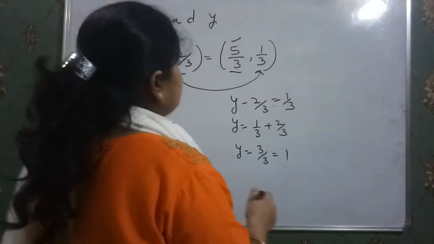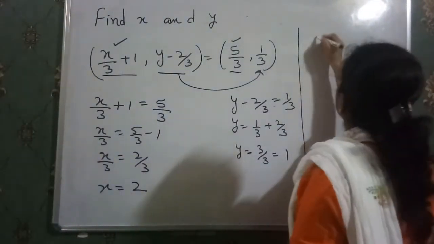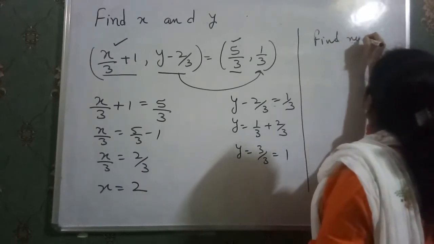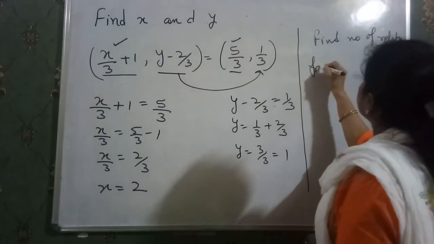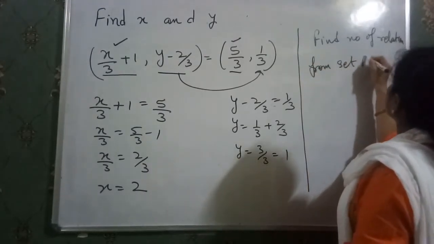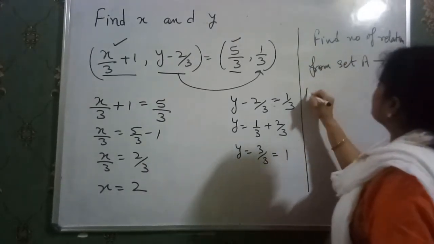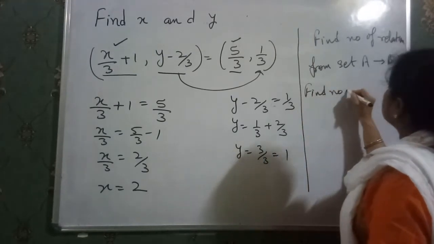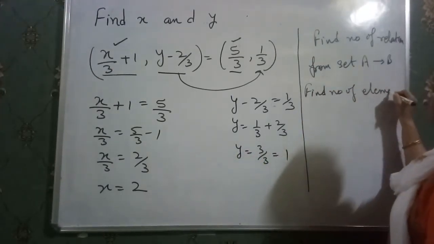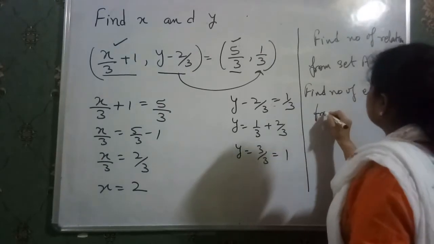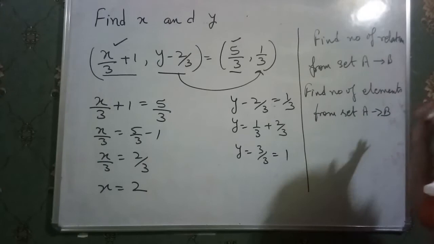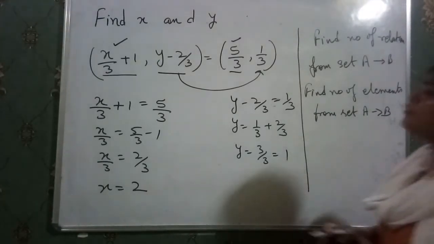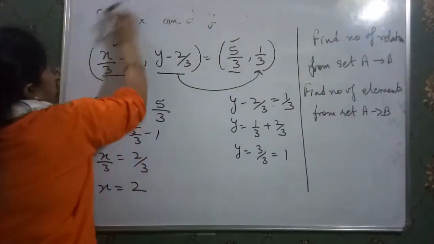Now the next topic which we have in these types of questions: find the number of relations from set A to B and find the number of elements from set A to B. These types of questions are also asked in your textbook, and you have to solve them.